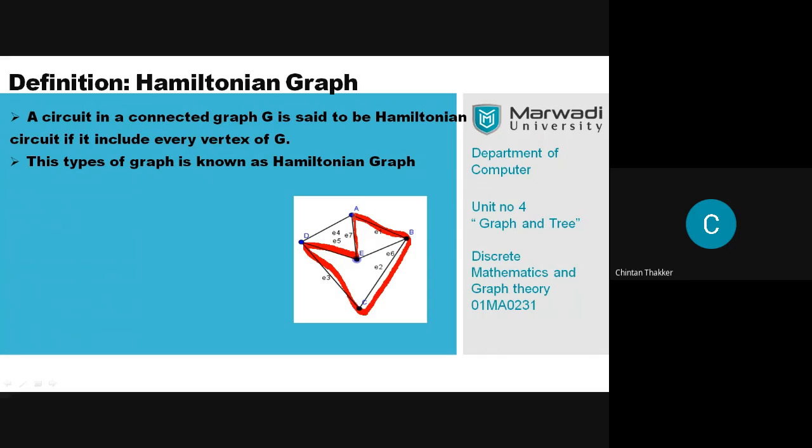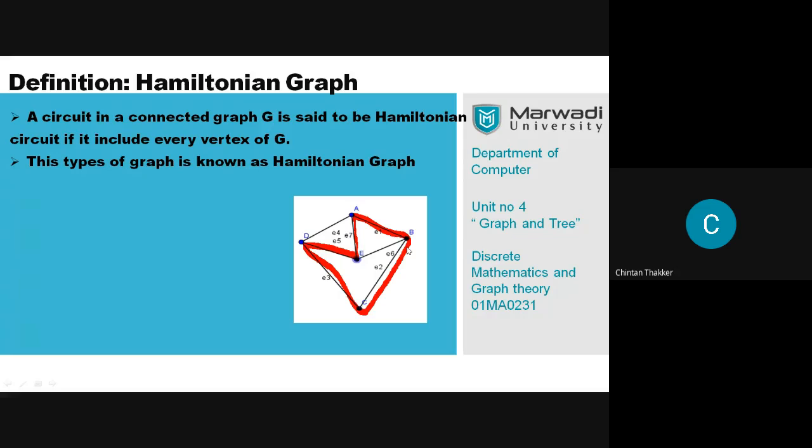So, if we find the circuit here, A, E1, B, then E2, C, then E3, D, then E5, E, then E7, A, then this circuit contains all vertices of the graph. So this graph is called Hamiltonian graph. Okay, this circuit contains all vertices of the graph. So it is called Hamiltonian graph.